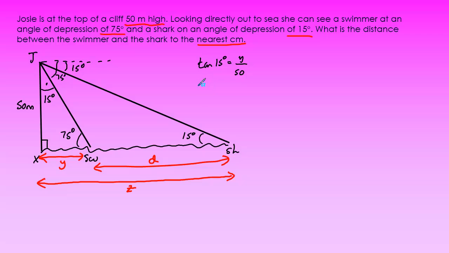So Y is going to be 50 multiplied by tan 15 degrees. There's no need to actually work that out at this stage.